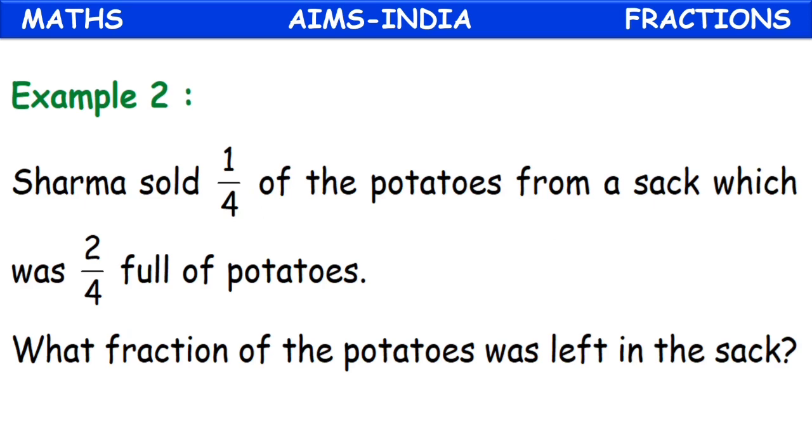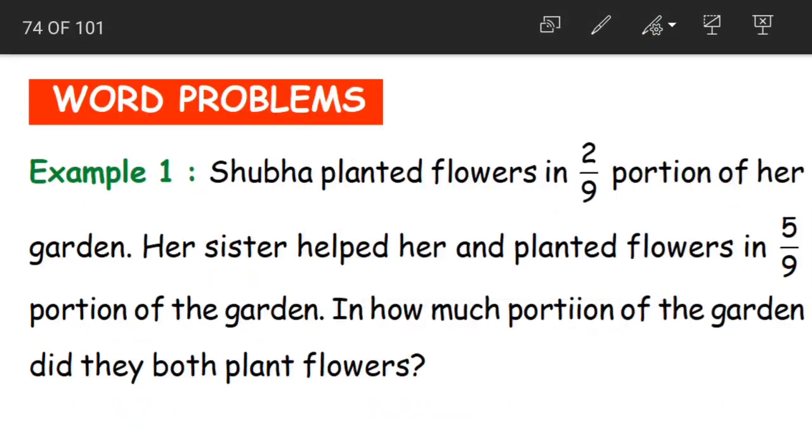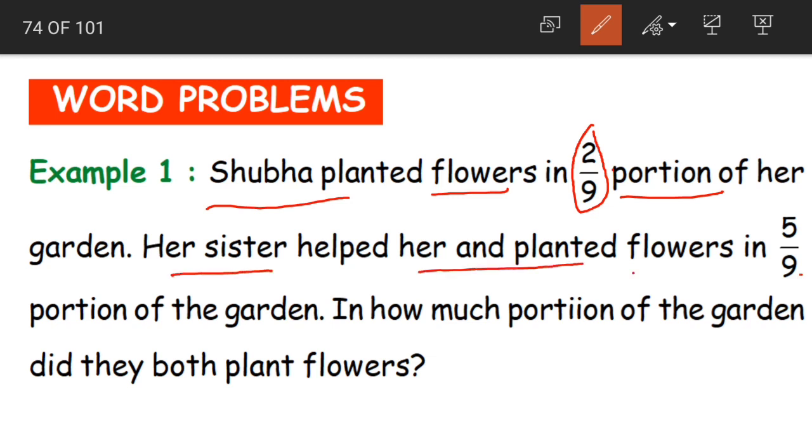Now children, this is a word problem, right? So it is important that you write the steps. What will be the step? First step, the portion in which Shubha planted flowers is equal to 2 by 9. The portion in which her sister planted flowers is equal to 5 by 9.